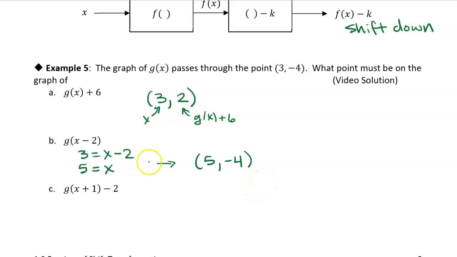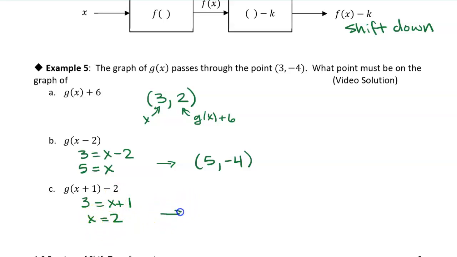The last one we're looking at has a couple of transformations going on. We've got both vertical and horizontal transformations. I only know the value of the function when the input is 3, so I want this x plus 1 to be 3. That tells me that x would have to be 2, because 2 plus 1 is 3.